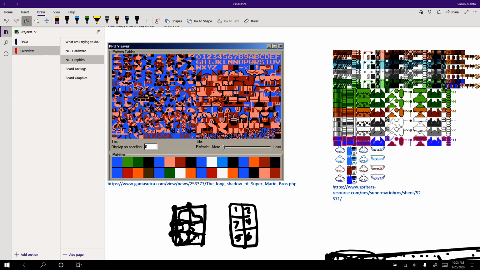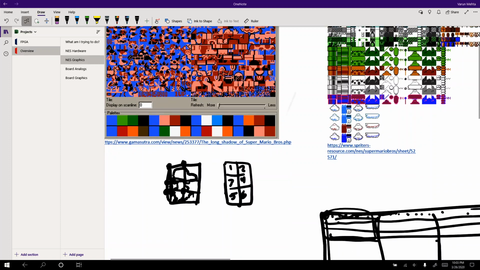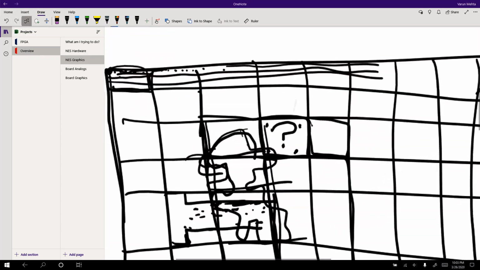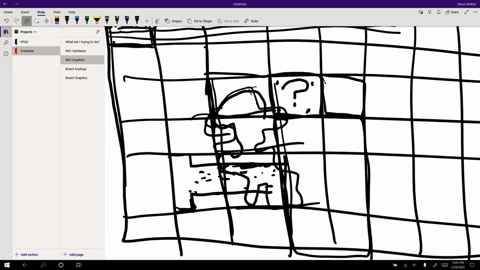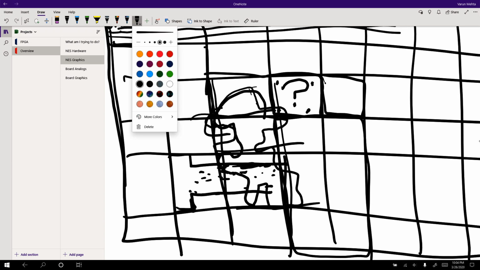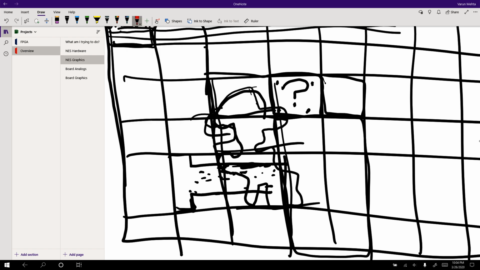Now again, though, because that hardware is somewhat limited, you could have multiple sprites on top of each other. Let me change colors. Ooh, yeah, I can. Okay. So Mario might be here, and you might have a mushroom that's going to be here, right?